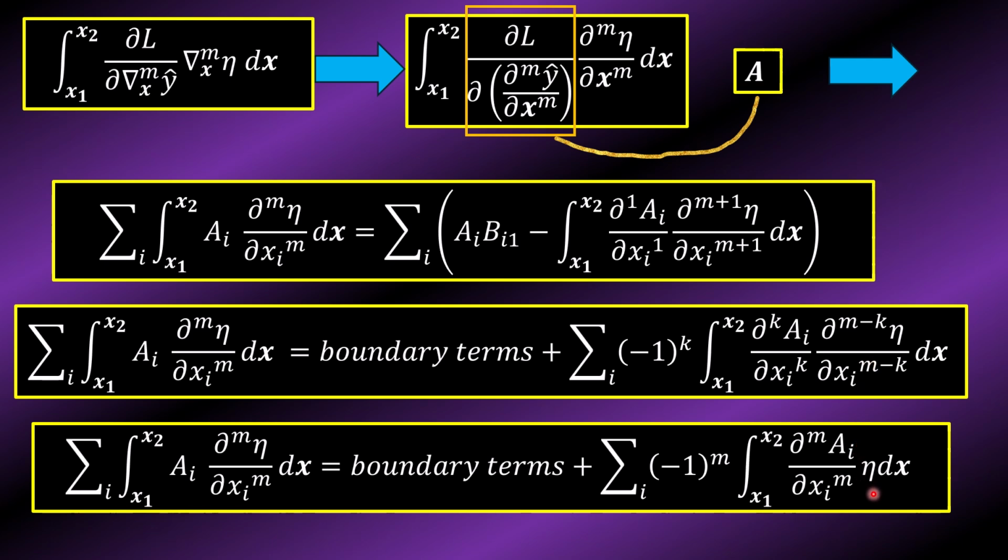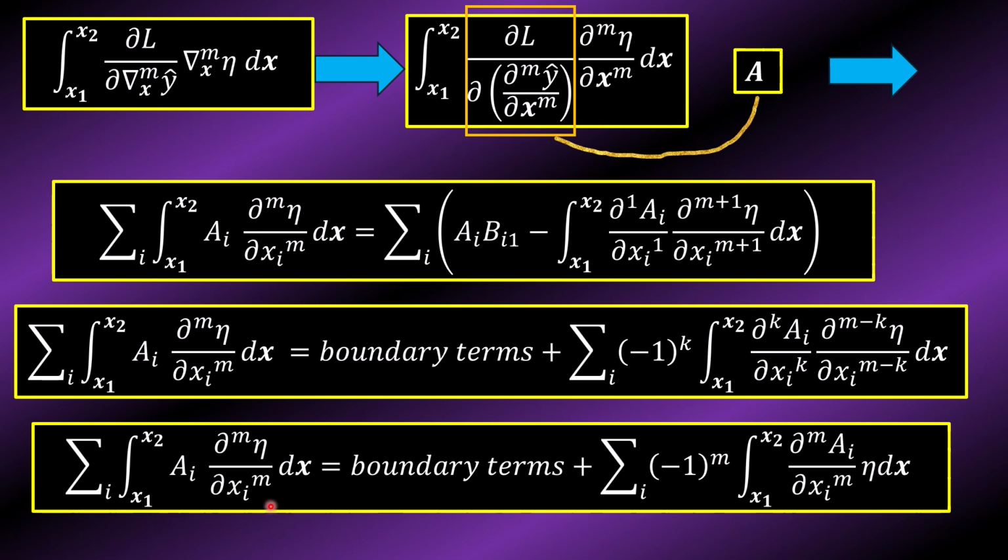And then the mth k becomes m. So you're just writing m over here. And yeah, that's the expansion of the integration by parts in general.